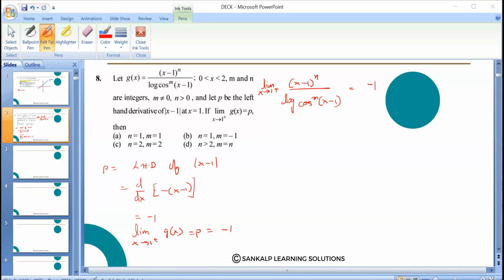We will put x minus 1 as h. Let x minus 1 be equal to h. So limit h power n by log of cos power m h as h approaches 0 from the right side.